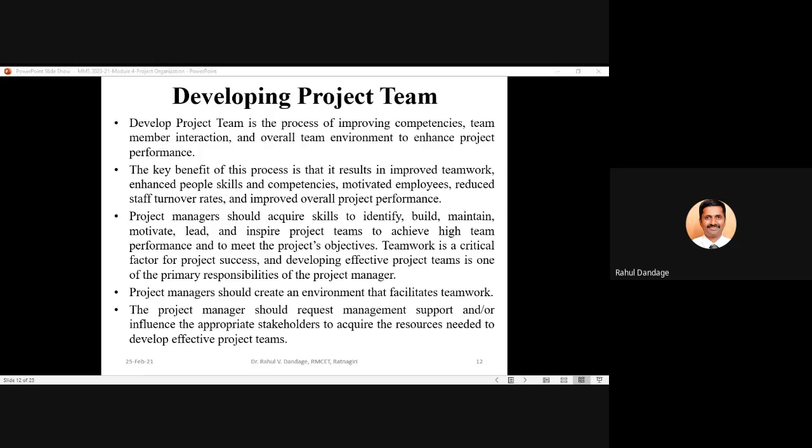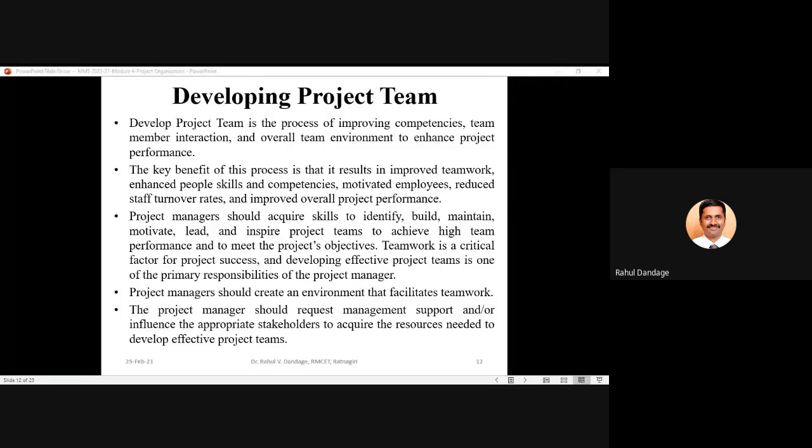So it may be the technical skills of the people, the interpersonal skills, soft skills, some software skills, some other competencies like confidence, team working, working as a team member, leading for certain activities. So likewise, certain skills and competencies will be enhanced for the people who are working in your project team.